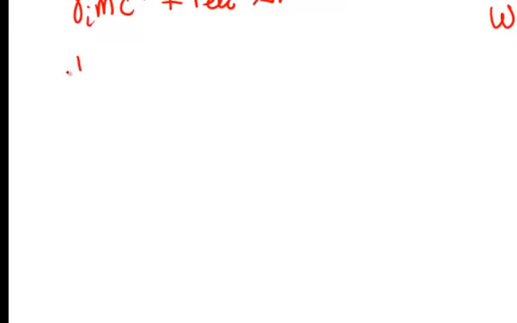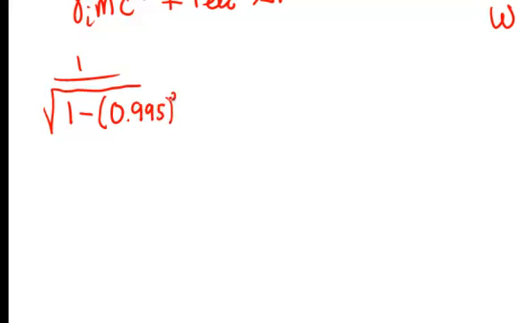Gamma here is 1 over the square root of 1 minus... Now remember that this is v over c, and since my velocity is in terms of c, this term in parentheses here is just the fraction of the speed of light. And so that's why giving your answer in terms of c actually makes the math just a little bit easier.